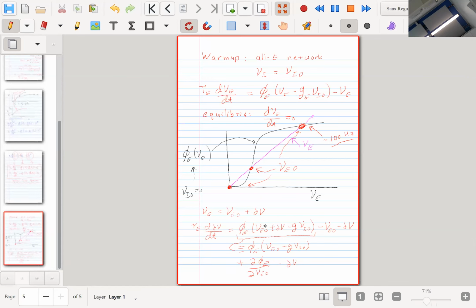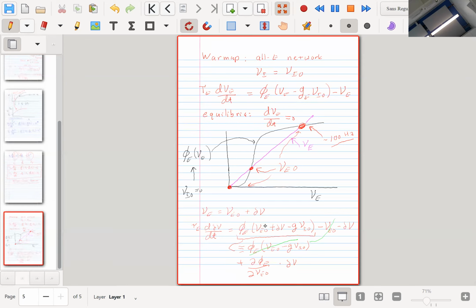Okay, that's the first order Taylor expansion. And the nice thing is that this term here cancels this term here.